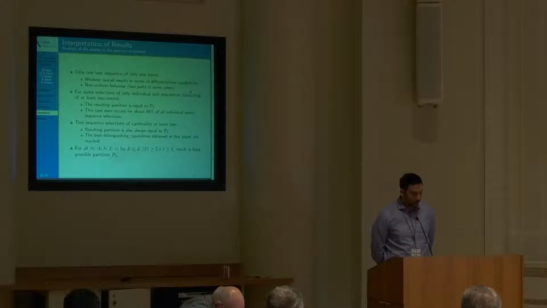If we select test sequences consisting of at least 2 events, the resulting partition is equal to P3. And this occurs 98% of the time. And when we have test sequence selections of cardinality at least 2, this means we always have the best possible distinguishing that we reached.